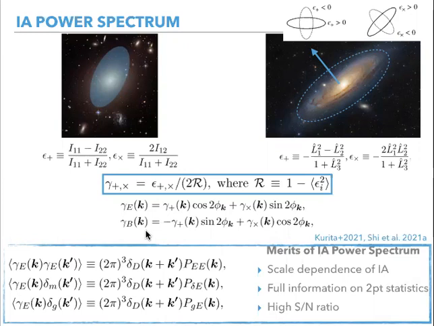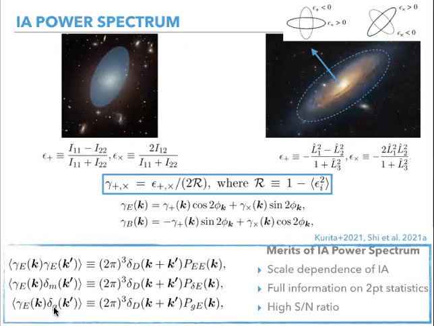We use a newly developed statistic called the intrinsic power spectrum for our purpose. The intrinsic alignment power spectrum is basically defined here. We cross correlate the galaxy E mode shear with itself, and we also do the cross correlation between the E mode shear of the galaxies and the matter field.